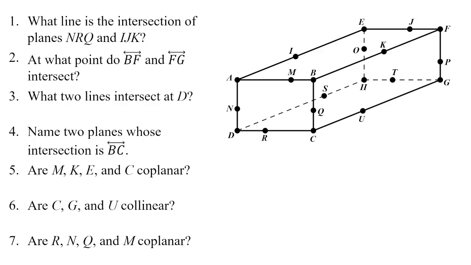It asks you what line is the intersection of planes NRQ and IJK. Well, NRQ, that would be this plane. And IJK would be this plane.